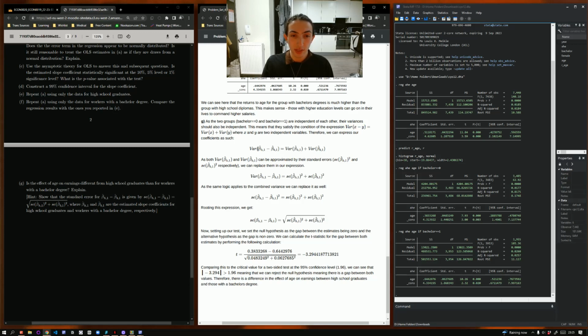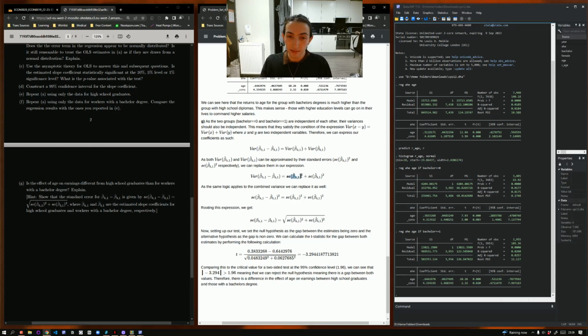So using the OLS estimates in place of x and y here, because bachelor 0 and bachelor 1 are unrelated, because the data collection was not related to each other in any case here, they count, essentially. So we put them in. And because variance is also approximated by standard error squared, you can put standard error squared in here.